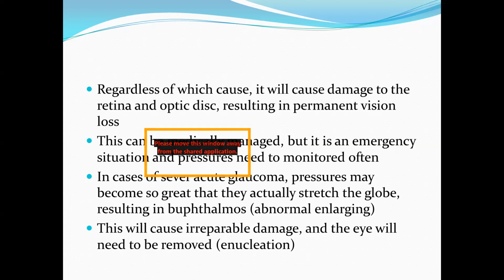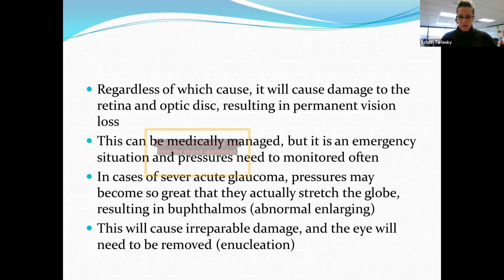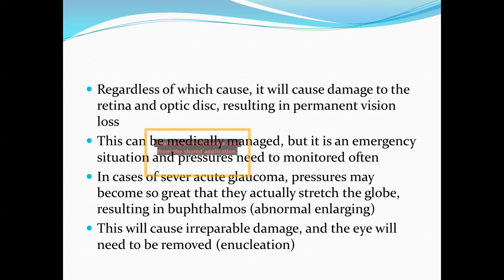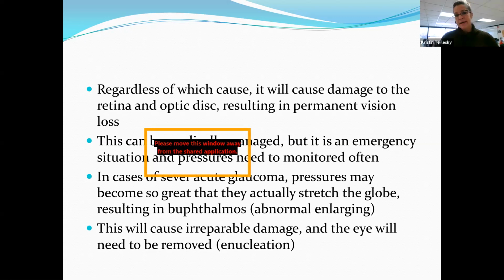Let's say their orbit isn't completely closed, or no way that these eyes could swell as much as they do. Because the orbit's not closed? Right. It kind of allows more room for more swelling, I guess. Well, yeah, it could be a good thing. But still, the more pressure you have in your eye, like with glaucoma, if it's swelling, it does damage to the back of the eye.